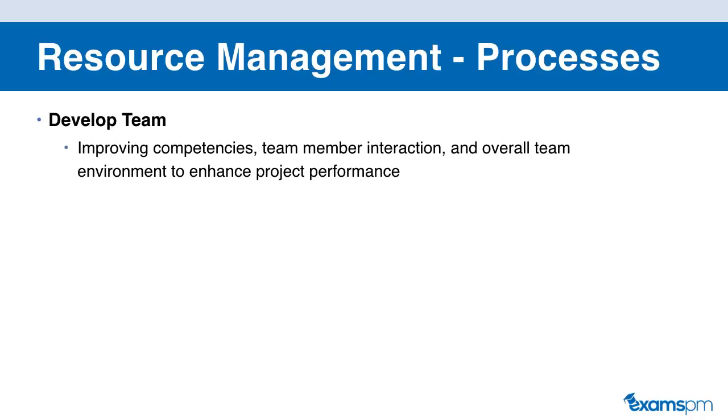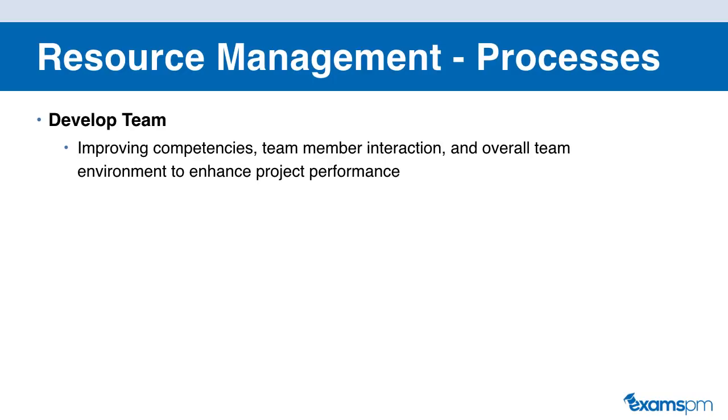Once you have acquired your resources, you're now ready to develop team. So for your human resources, they don't just come and start working together as a cohesive team. You need to build your team so that they work effectively together, which is the goal of the develop team process.